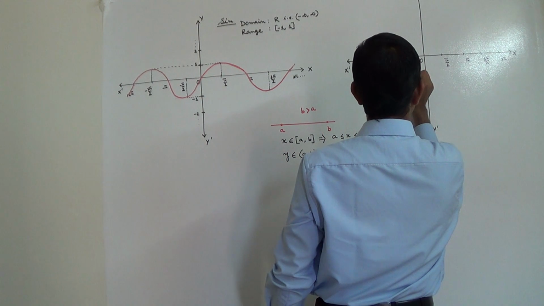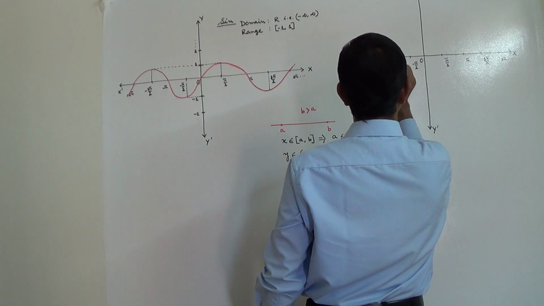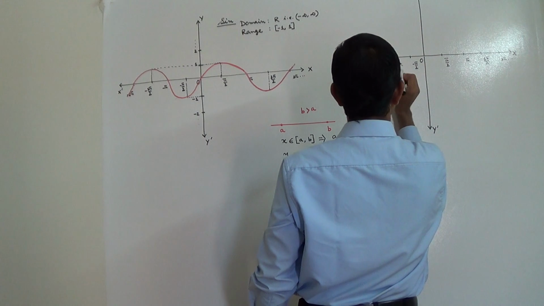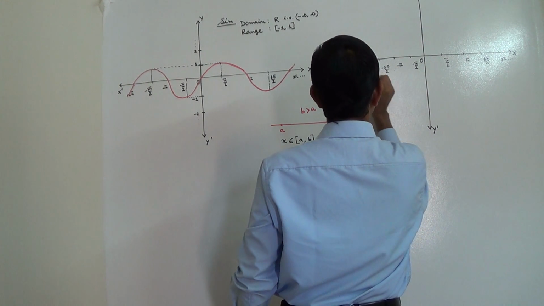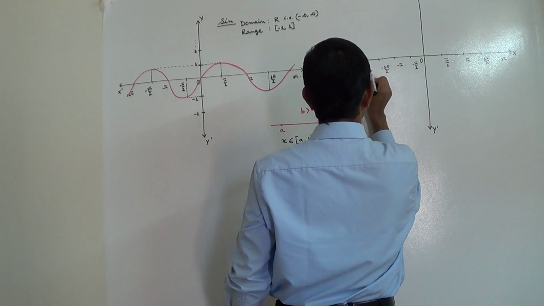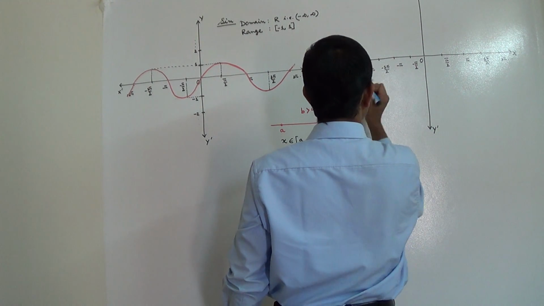Here it is minus pi by 2, minus pi, minus 3 pi by 2, minus 2 pi, and it continues.